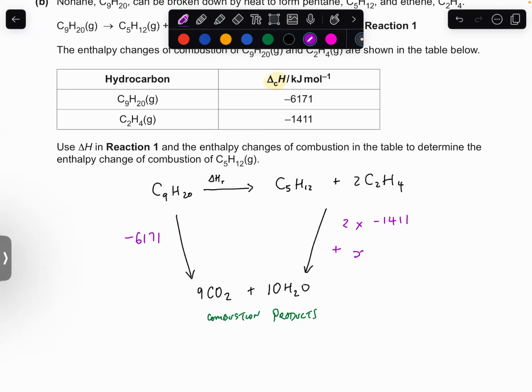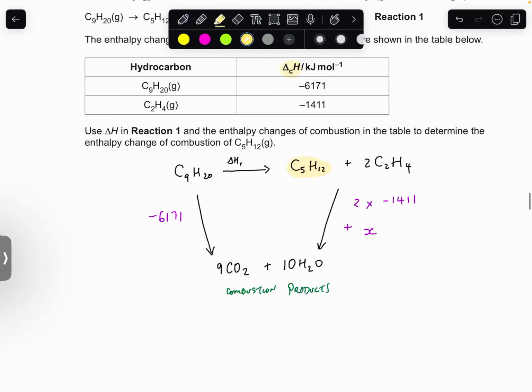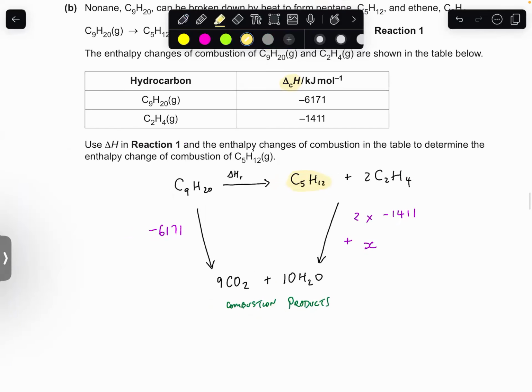Let's say plus X, which is the enthalpy change of combustion of pentane. That's what we're trying to work out. So Hess's law states that the overall enthalpy change of a reaction, let's call this route 1, is going to be the same irrespective of route taken, whether you take route 1 or route 2.